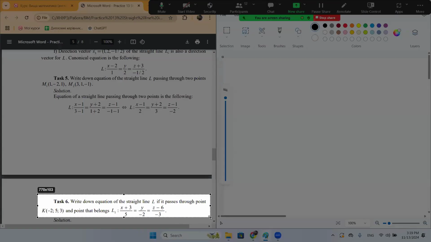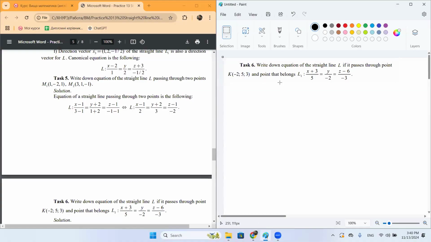So we already have a point and what else do we need? Either a second point or a direction vector. What can we also find? We know that point K belongs to this straight line. So what else can we use?